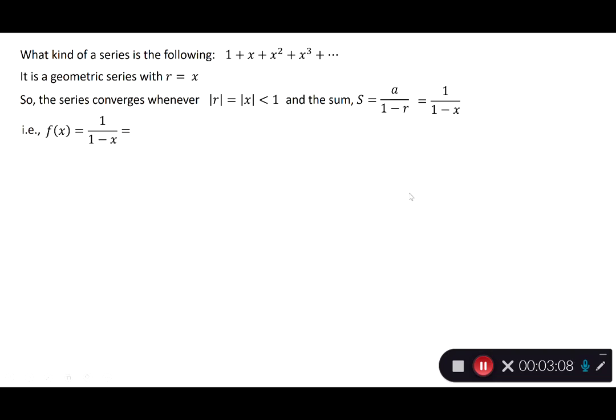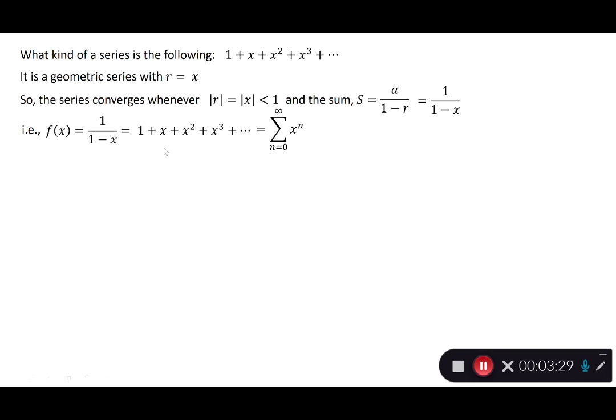In other words, we can think of 1 over 1 minus x as a function of x, f of x is equal to 1 over 1 minus x, and that is equal to this.